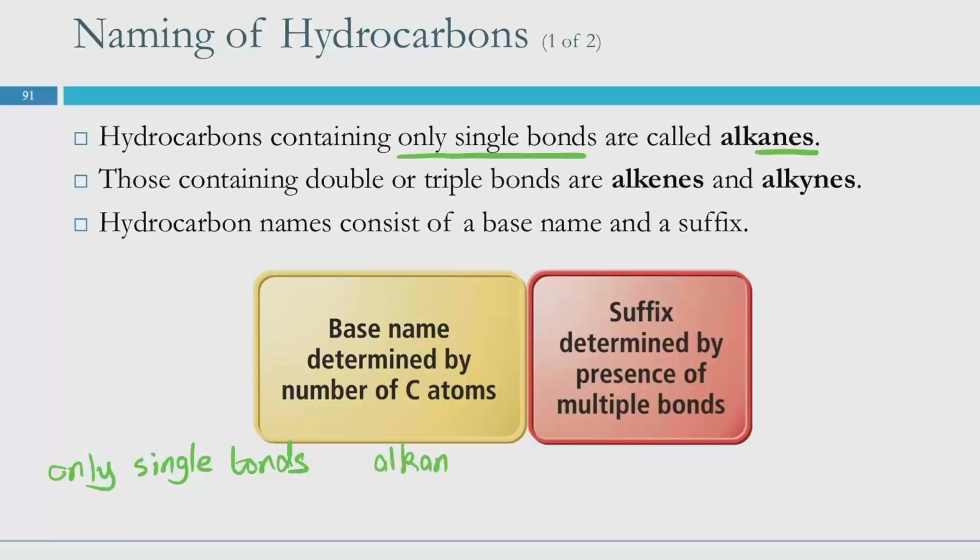If we have any double bonds, then these are alkenes. So from anes to enes. And if we've got triple bonds, then it's ynes, with a Y. So we've got alkynes.